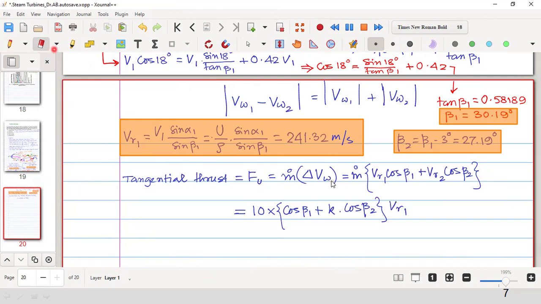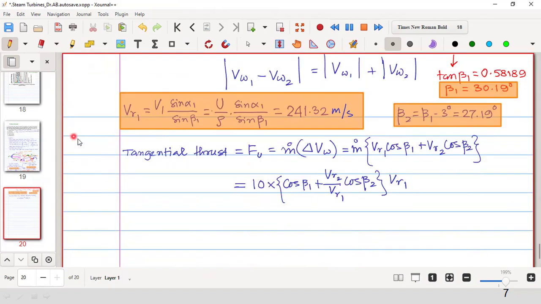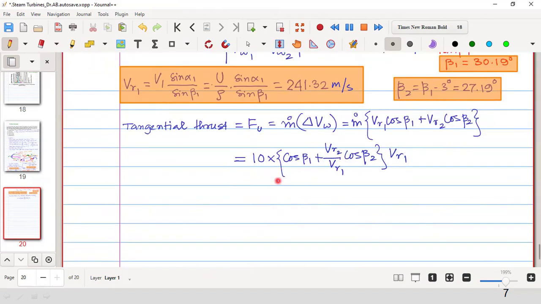So if you like, I can erase it, and then I can write VR2 by VR1, and in the next step you can write what that is. So that is equal to 10 cos beta 1 plus K cos beta 2 into VR1.